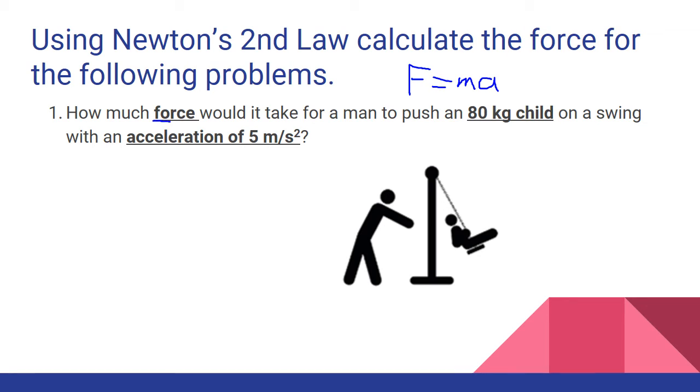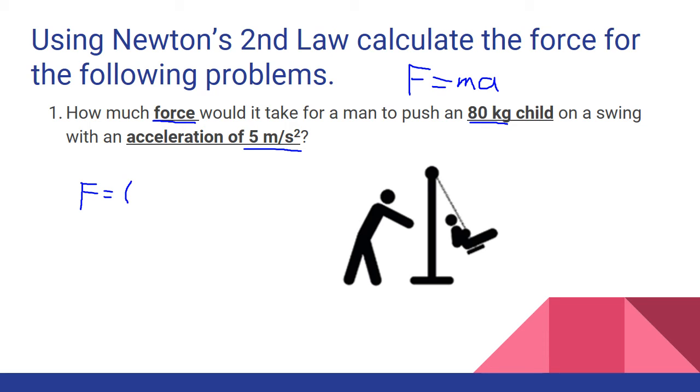The first one is asking us how much force it would take for a man to push a child who weighs 80 kilograms on a swing with an acceleration of 5 meters per second squared. So let's plug that into our equation. We know that force is equal to mass times acceleration.